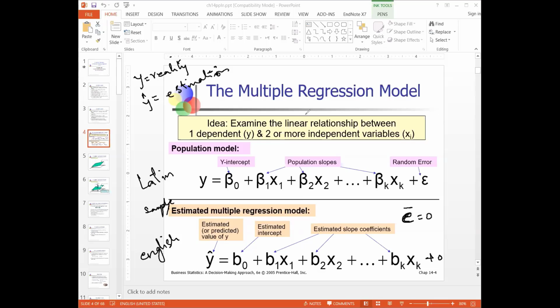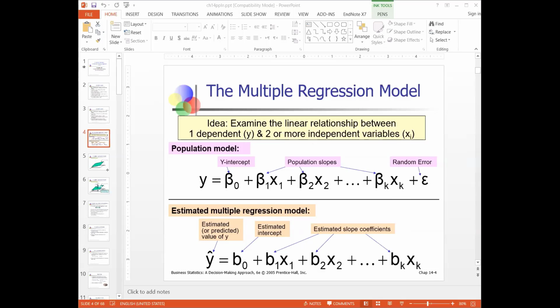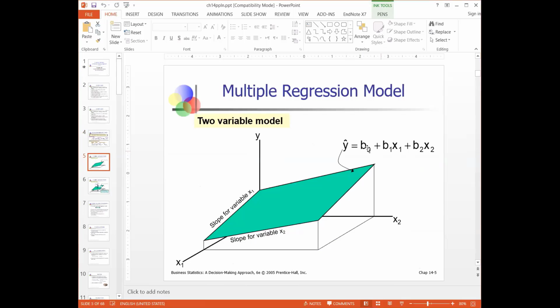Multiple regression has one dependent variable and more than one independent variable. These are some properties of multiple regression. Since there is more than one independent variable, the graph will look three-dimensional if there are two variables. Here y is the outcome, in terms of y hat, with one independent variable on the x-axis and the other on the z-axis.